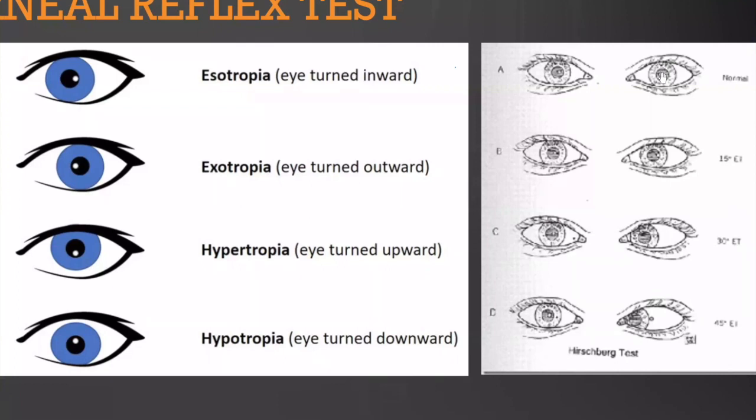This is normal, where both eyes show a central corneal reflex. Where the left eye is deviated nasally and the corneal reflex is falling at the pupillary margin, it is 15 degrees of a left esotropia.